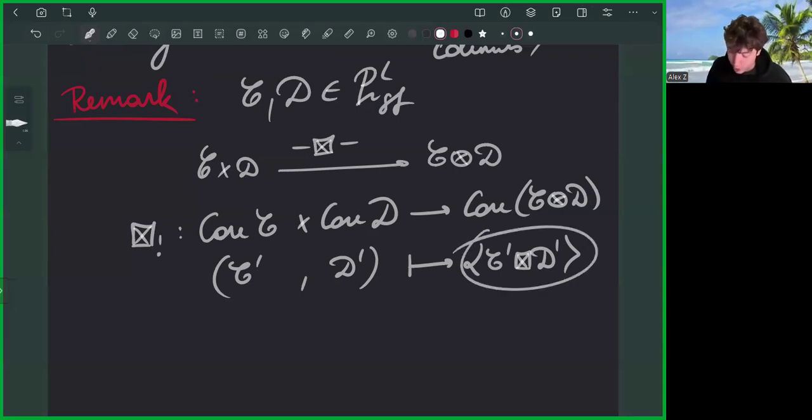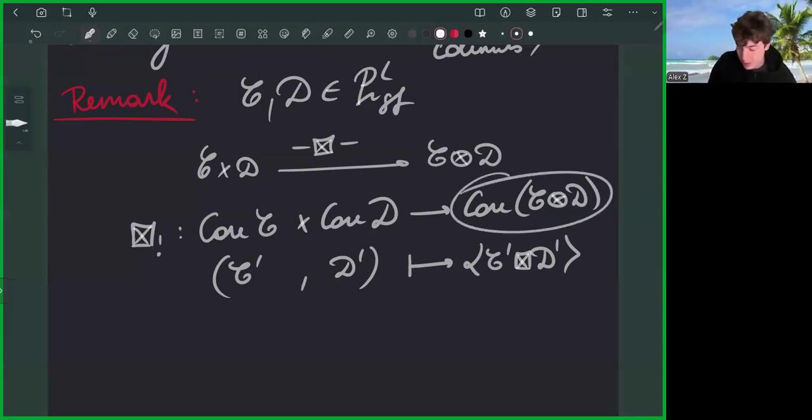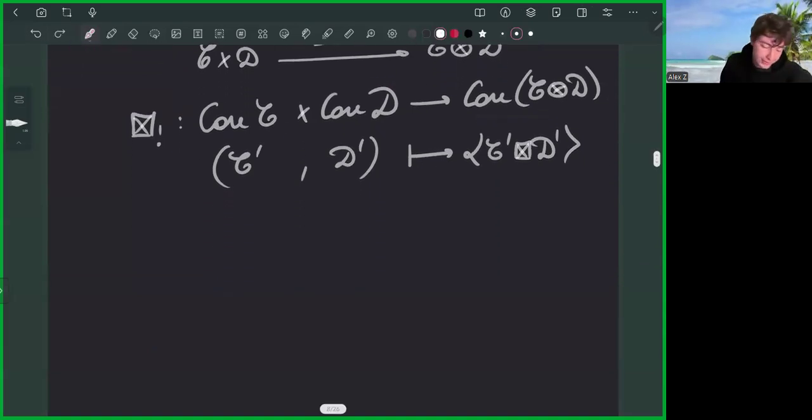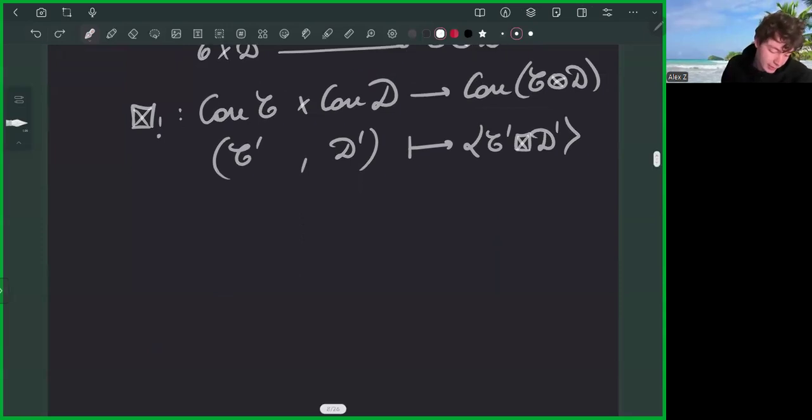So this is the smallest core in here which contains the image of C prime and D prime under the functor here. Okay, so it's the smallest thing that is generated from this bilinear functor.